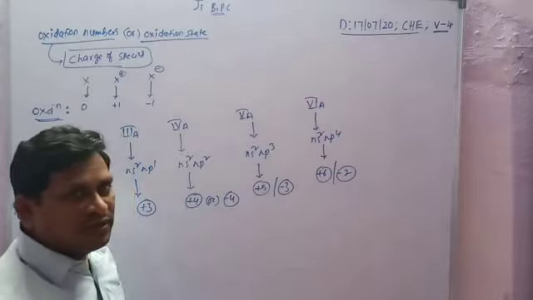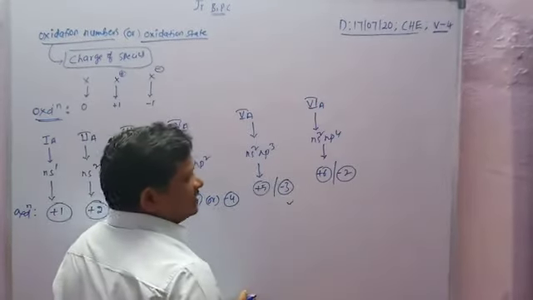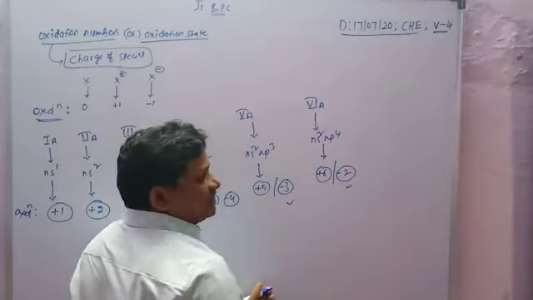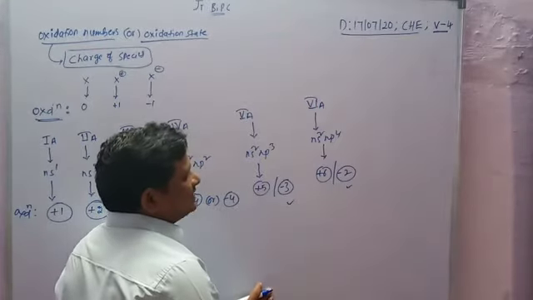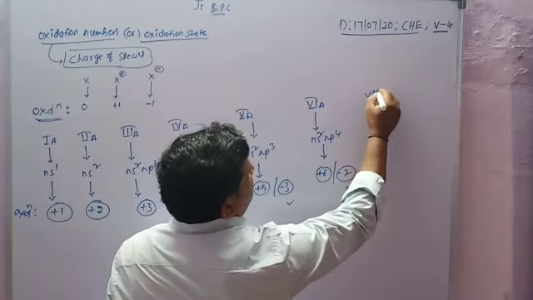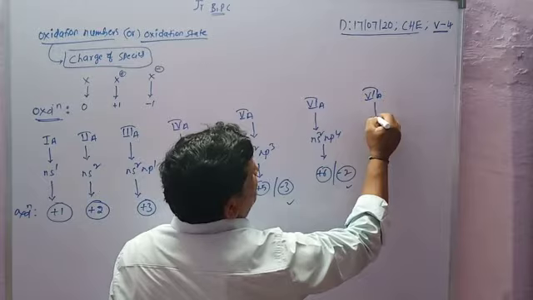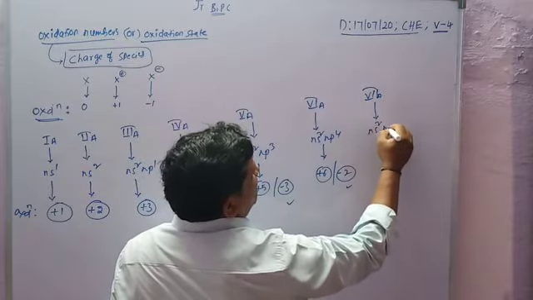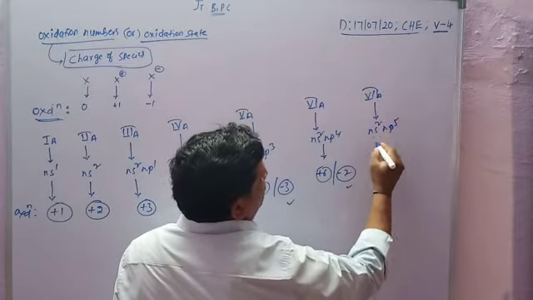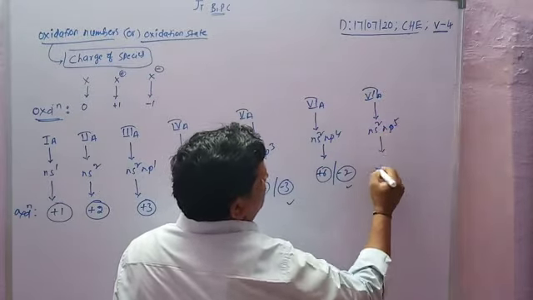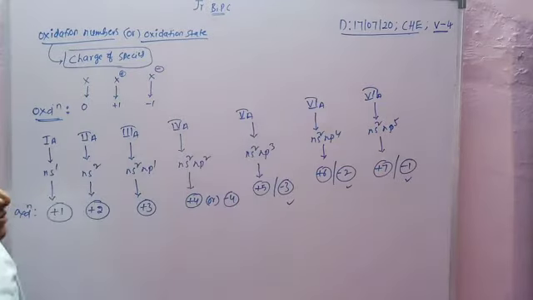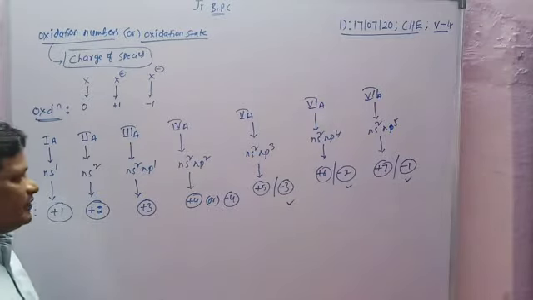So for fifth group elements the preferable oxidation number is -3, and for sixth group elements the preferable oxidation number is -2. Same for seventh A group elements, ns2 np5, oxidation number +7 or -1. The preferable oxidation number is -1.